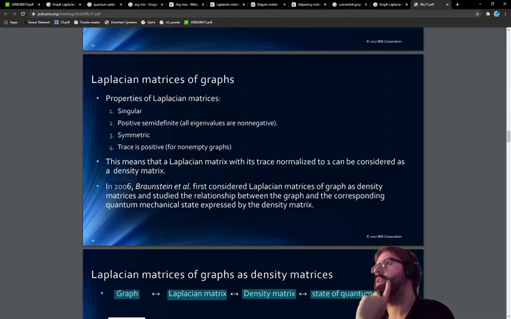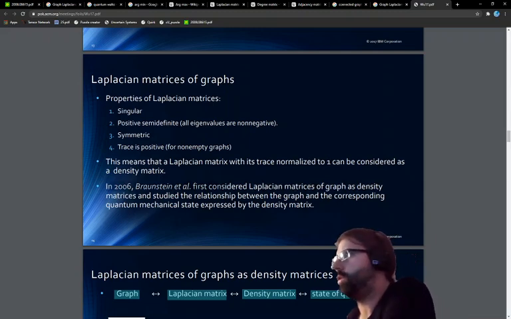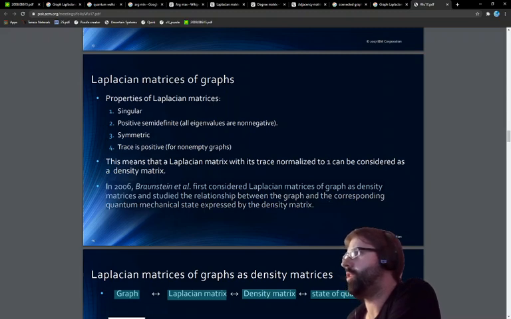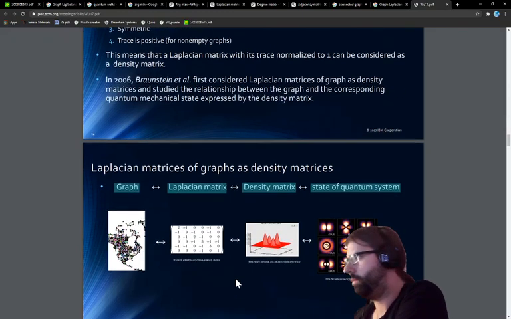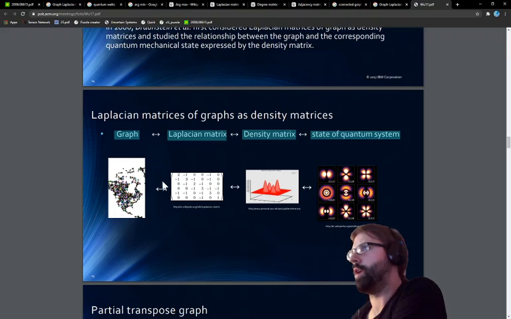In 2006, Braunstein et al. first considered Laplacian matrices of graphs as density matrices and studied the relationship between the graph and the corresponding quantum mechanical state expressed by the density matrix. So you have the graph, you have the Laplacian matrix, you have the density matrix, and the state of a quantum system.